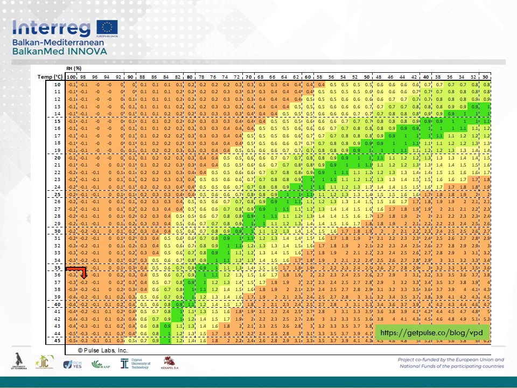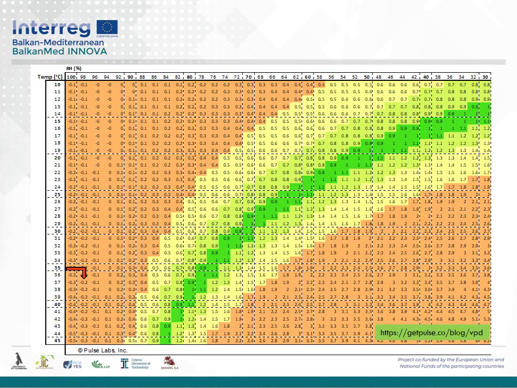Indeed, the optimum values of the vapor pressure deficit range from 0.9 to 1.1 or 1.2 kilopascals, and are expressed with a deep green color in this graph. And then gradually the values become smaller and smaller, which means the vapor pressure deficit is lower and lower, or becomes larger, and therefore the vapor pressure deficit also becomes larger and probably too large.